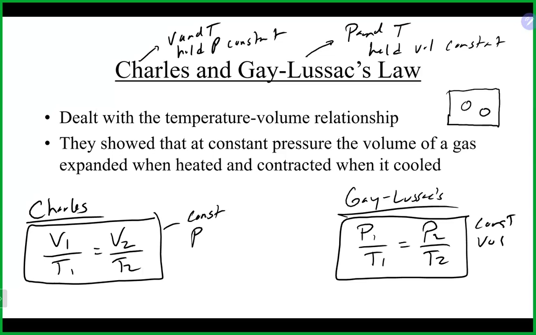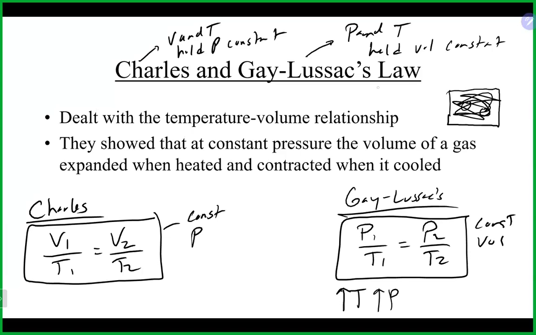If I increase the temperature, my gas molecules should start to fly around a lot faster, and that's going to cause a lot more collisions to occur. Because of that, what we should see is an increase in the pressure.